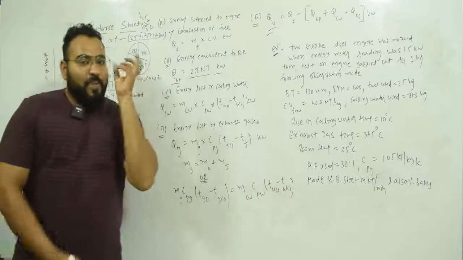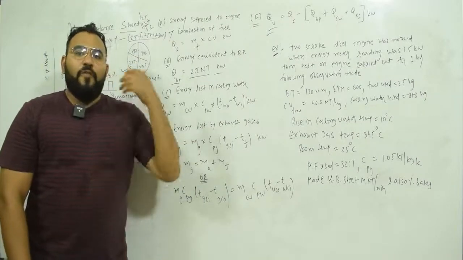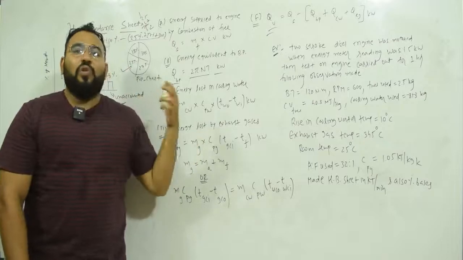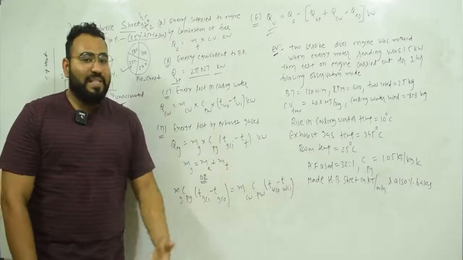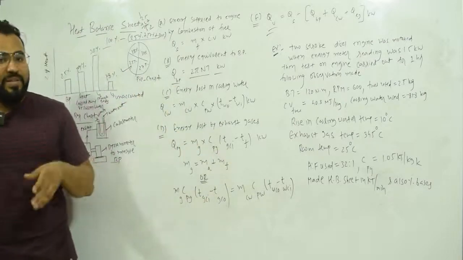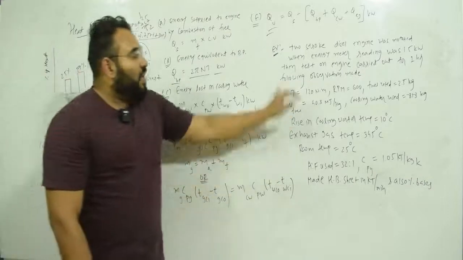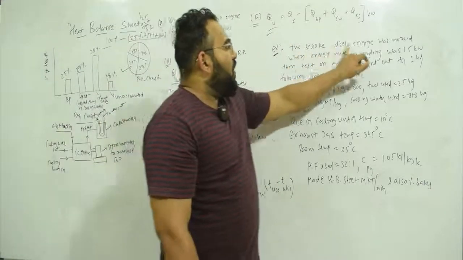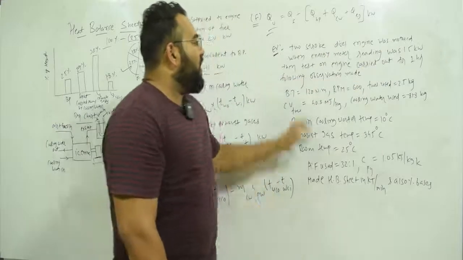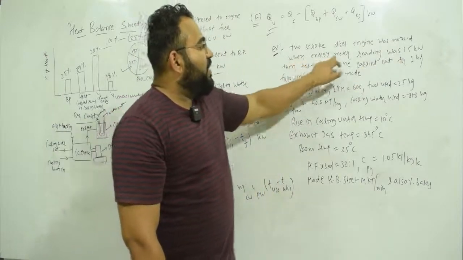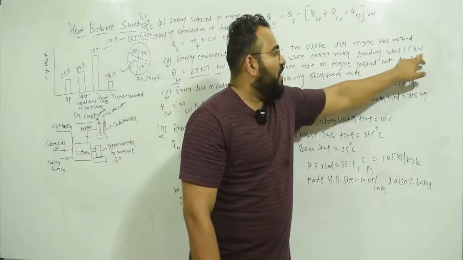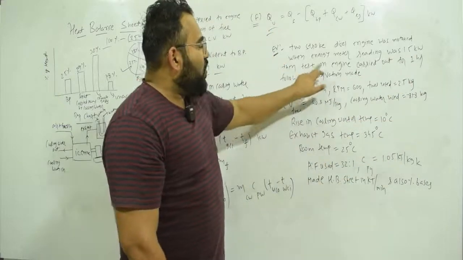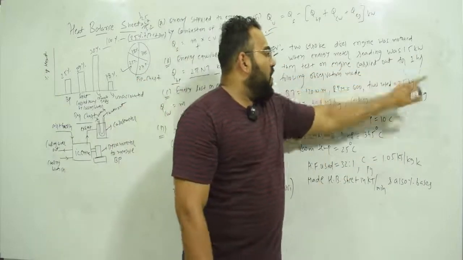To understand this theory perfectly, you should solve an example based on the heat balance sheet, and this is very important from the GTU examination point of view. So let us see the example. A 2-stroke diesel engine was motored when the energy meter reading was 1.5 kilowatt. Then a test on the engine was carried out for 1 hour.